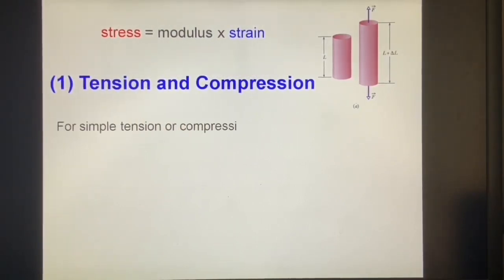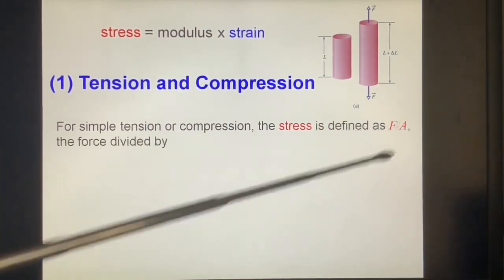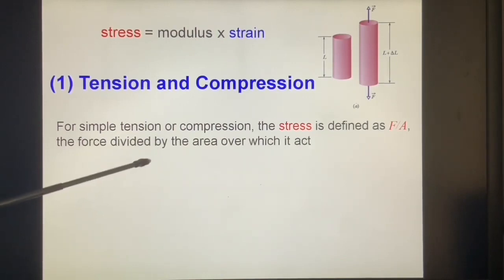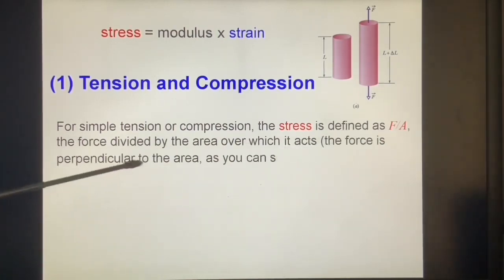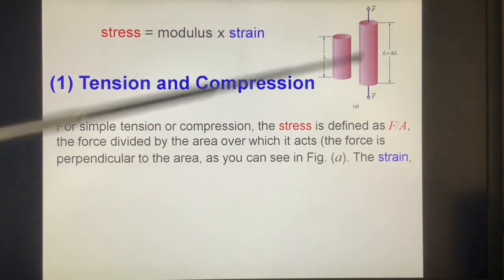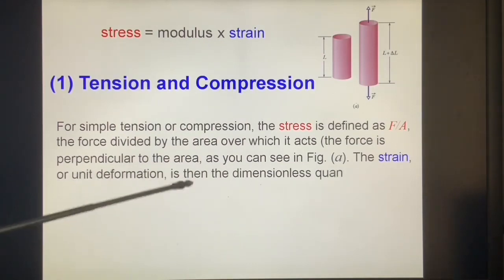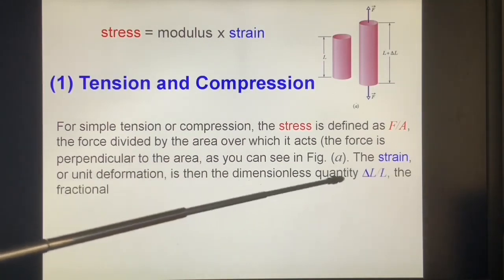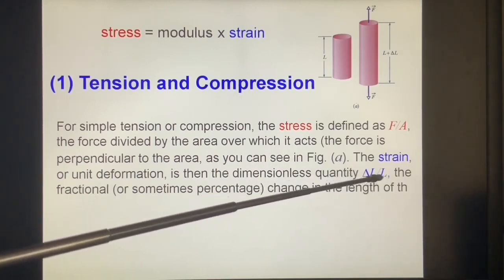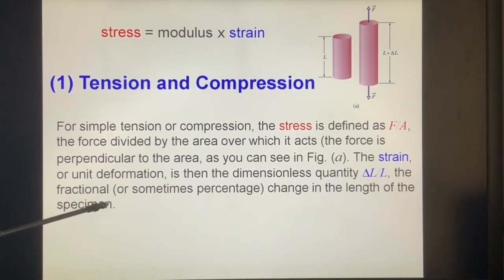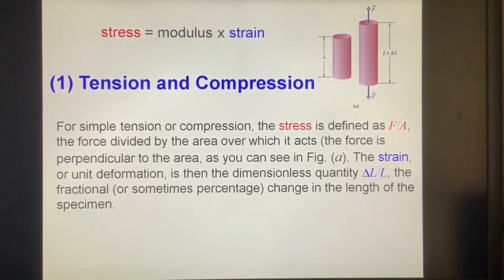For simple tension or compression, the stress is defined as F over A, the force divided by the area over which it acts. The force is perpendicular to the area, as you can see in the figure. The strain or unit deformation is then the dimensionless quantity delta L over L, the relative length change, the fractional or sometimes percentage change in the length of the specimen.